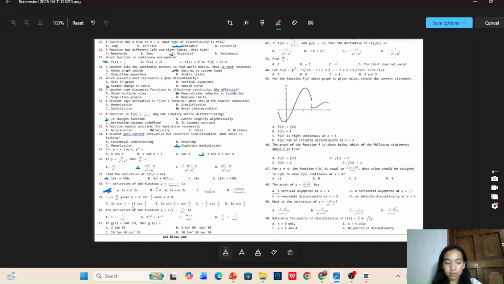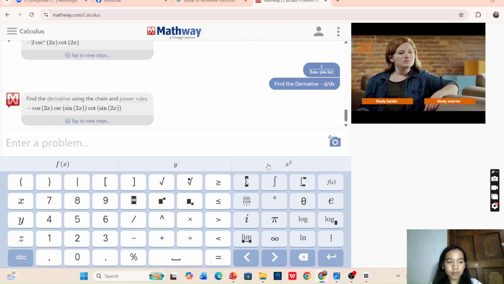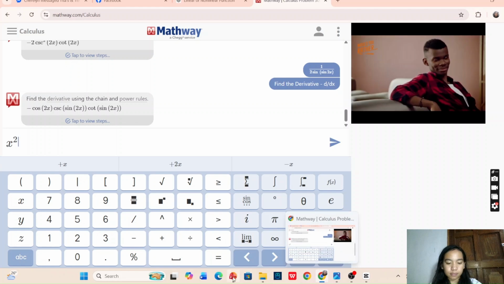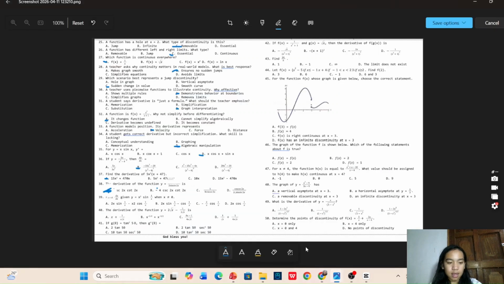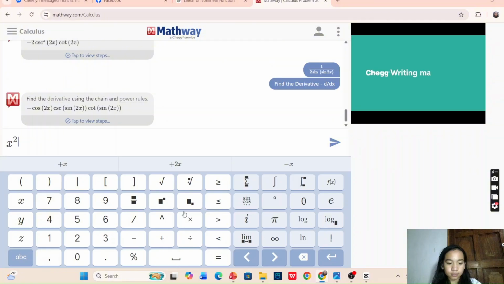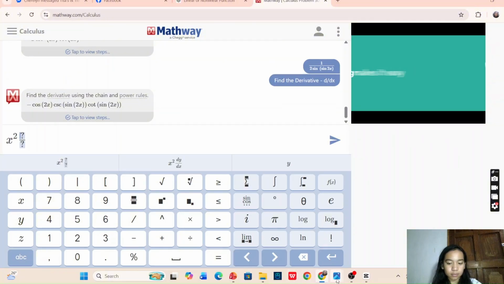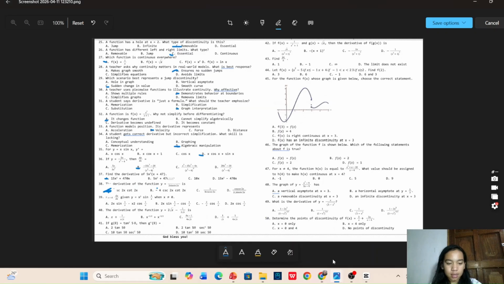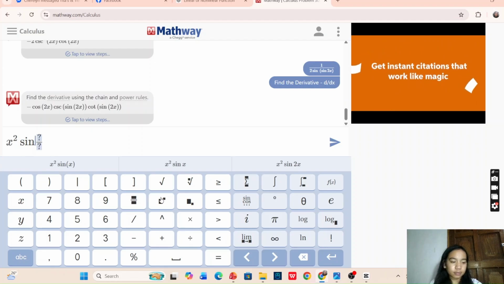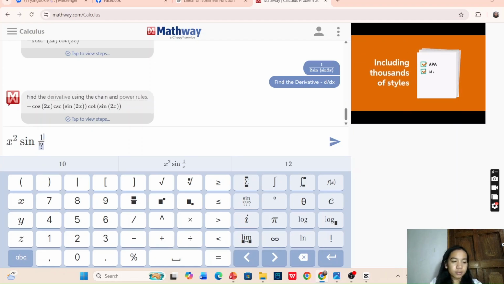So our function is x squared sine 1 over x.